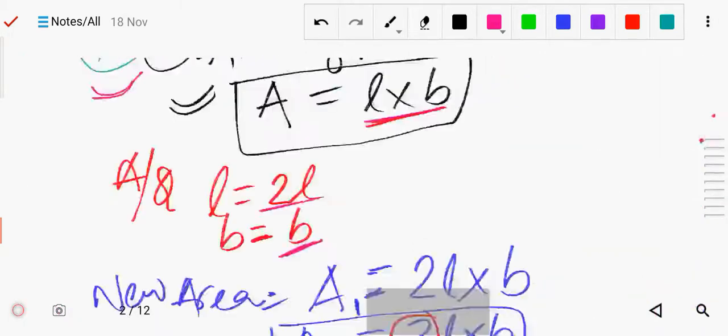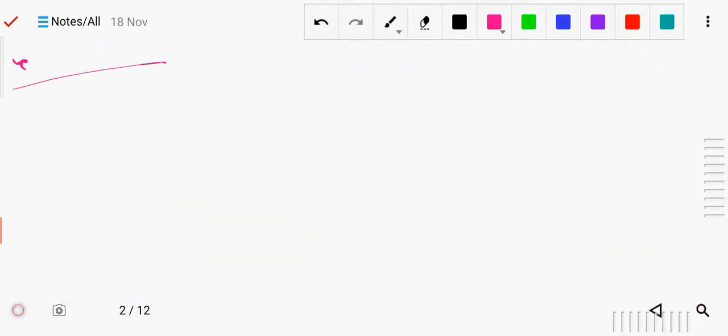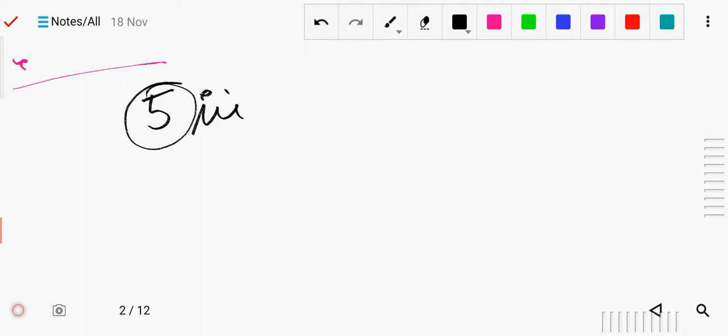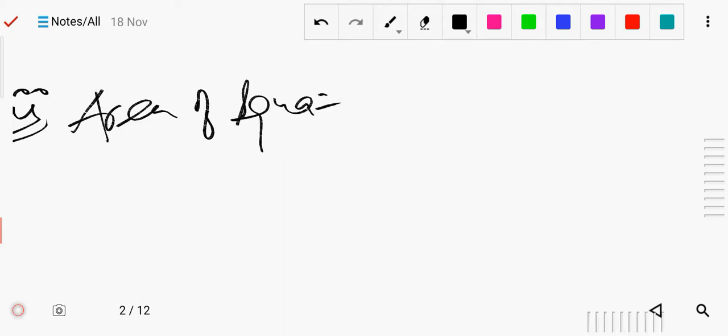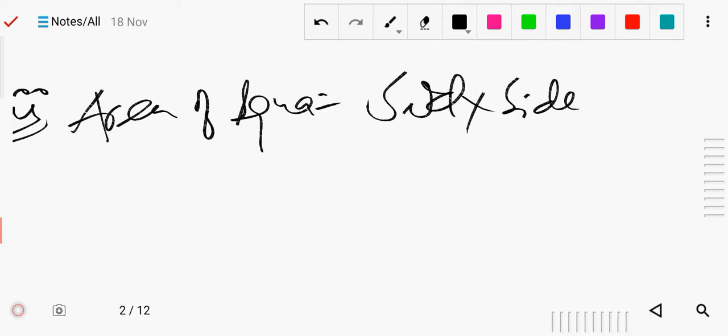So number 3 I will solve for you. This is question number 5, part 3. The area of a square: what is the formula? Side into side.